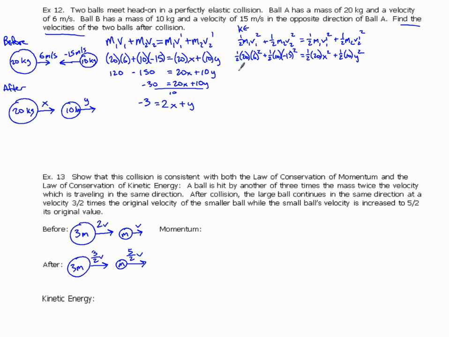Some simplifying here. 360 plus 1125. It's positive because you're squaring the -15. The negatives can disappear. And we've got 10x squared plus 5y squared.